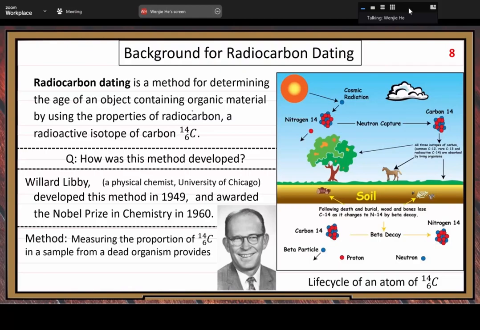A sample from a dead organism provides information that can be used to calculate when the organism died. At that point, when it died, that's the starting point. The time it was dead, that point is the 0 point. Starting from there, how long it takes. Measuring the proportion.